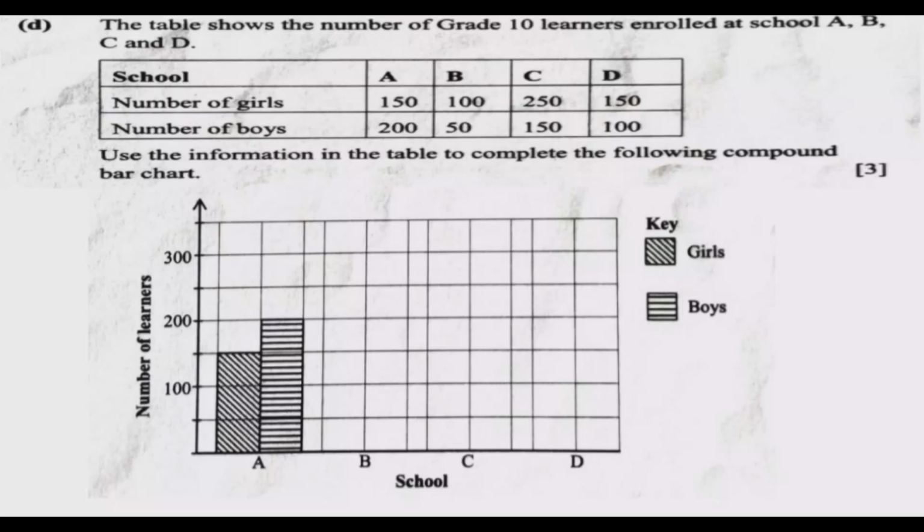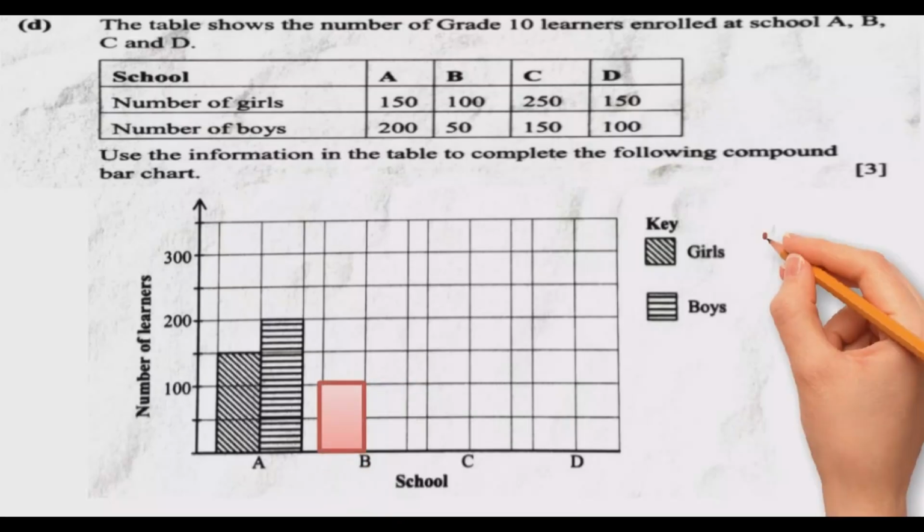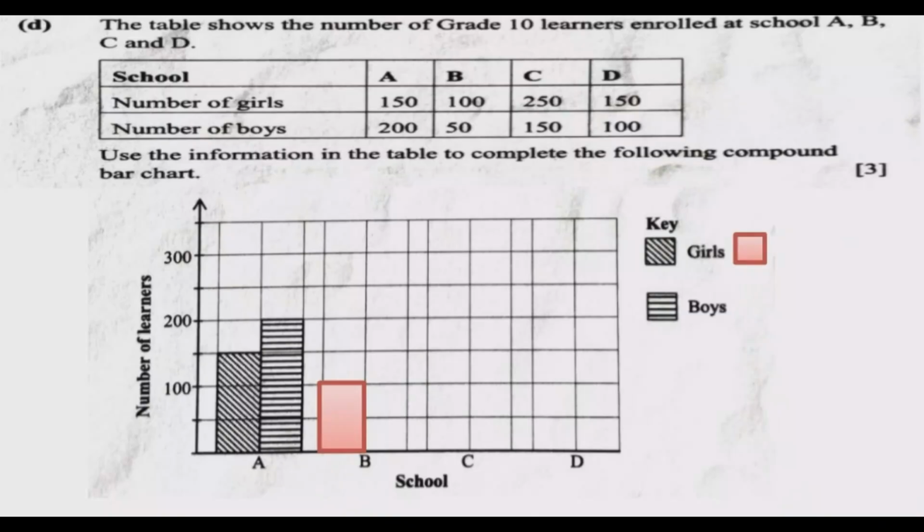For school B, we are told there are 100 girls, so I'm going to draw a bar that reaches up to there like that. Then for boys there are 50, so the bar for 50 will be like that.